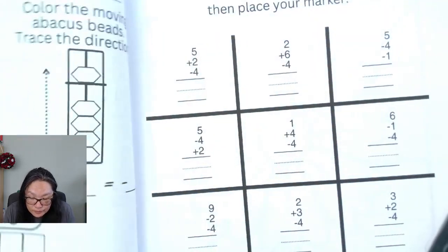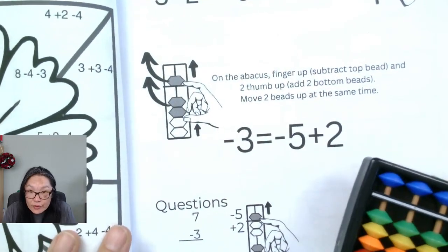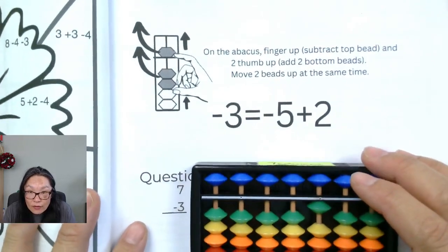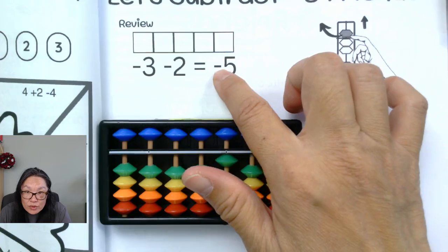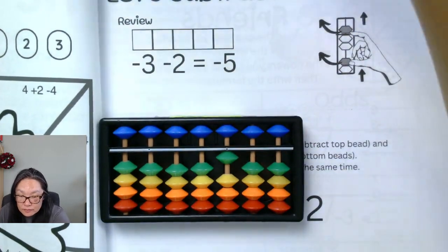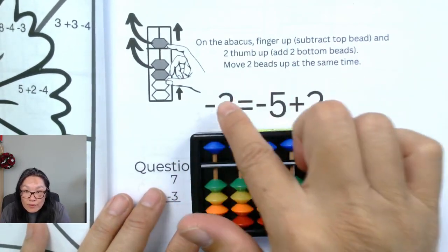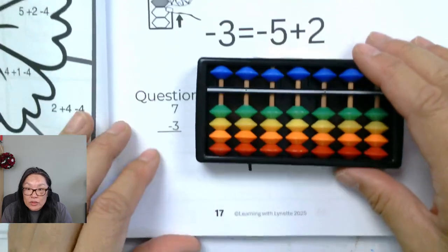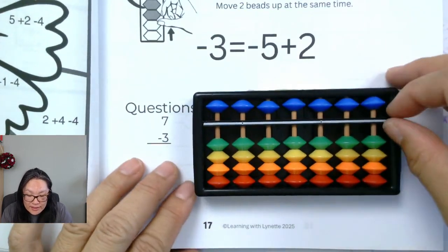And we could do it again with the 3. When we have 3, that is our formula. We start with minus 3 minus 2 equals minus 5. When we look, we want to minus the 5 plus the 2. Here's my question. I'm going to have 7.